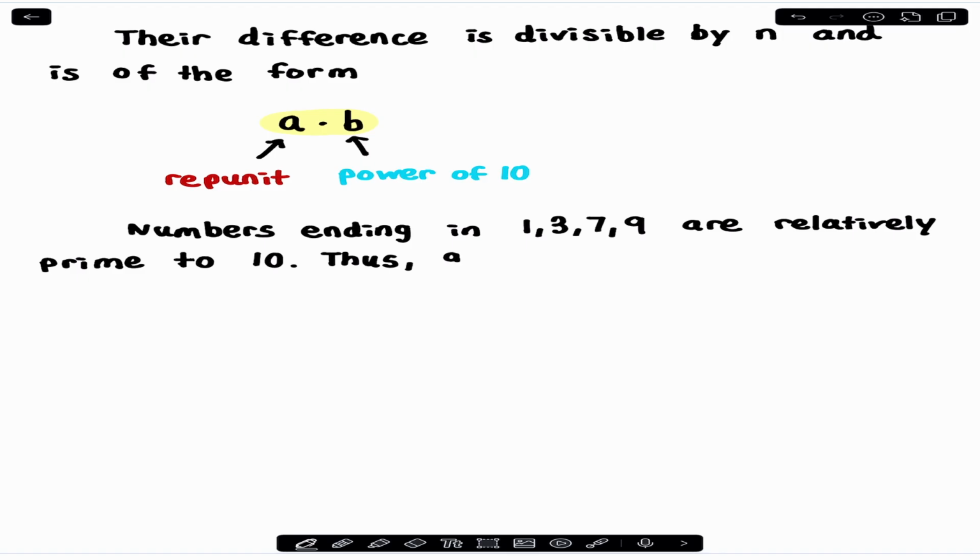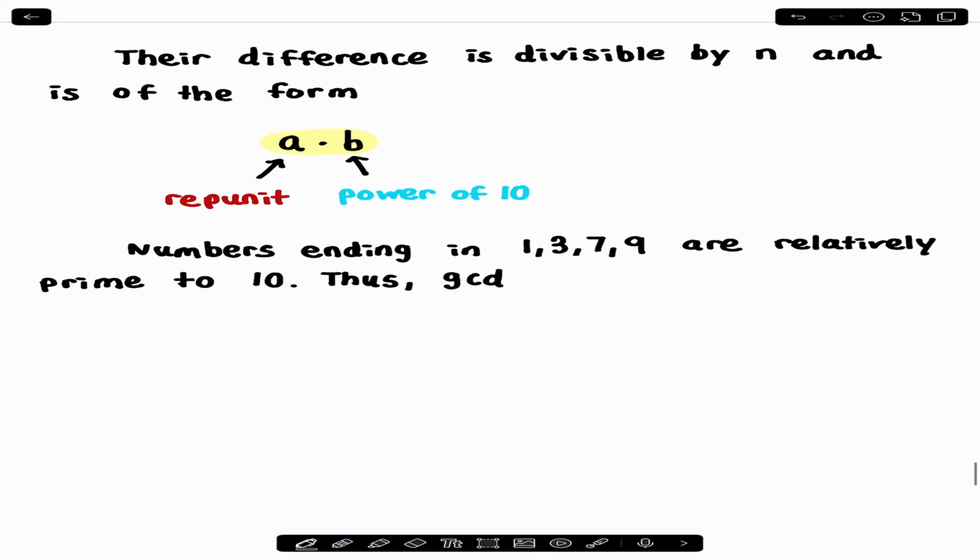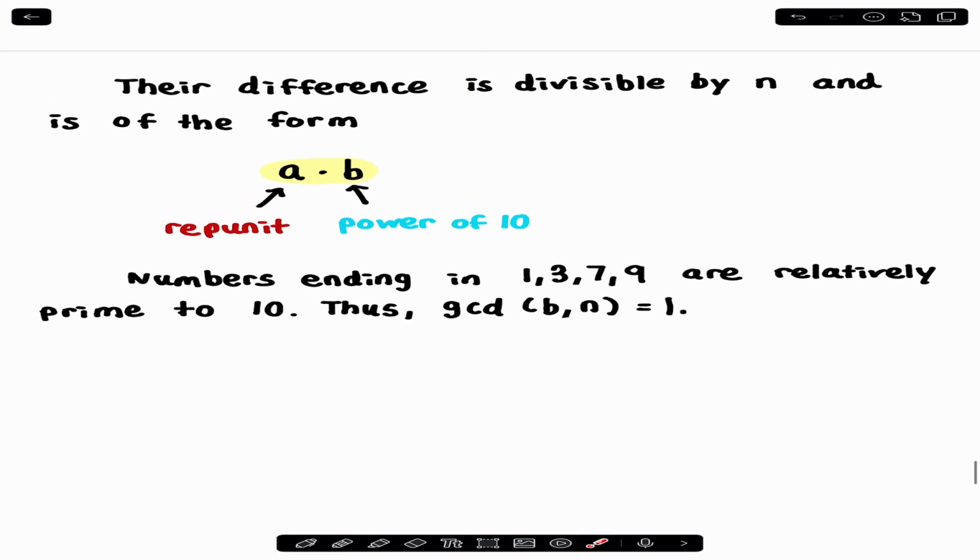Therefore, the GCD of B and n is also equal to 1, because B is some arbitrary power of 10, so it will always be relatively prime to n. Doesn't matter how many times you raise 10 to a power, it's not going to share any common factors with n.